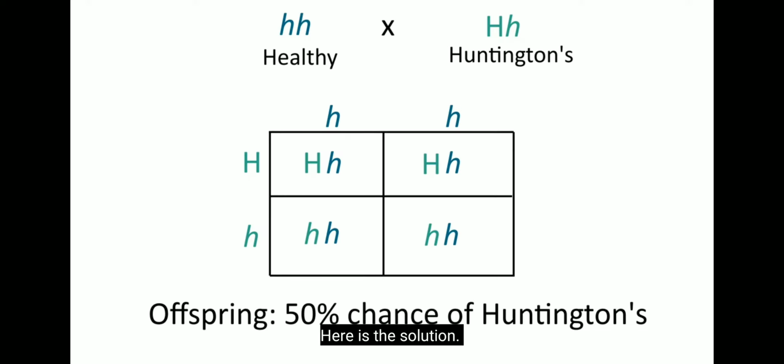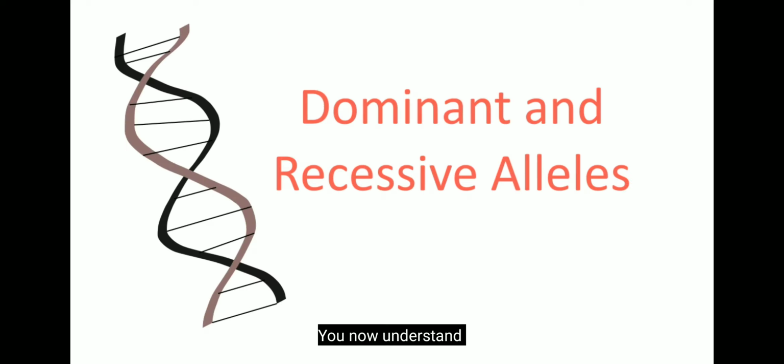Here is the solution. I've used the letter H for Huntington's. Their offspring have a 50% chance of inheriting a capital H and developing the disease. You now understand how dominant and recessive traits are inherited.